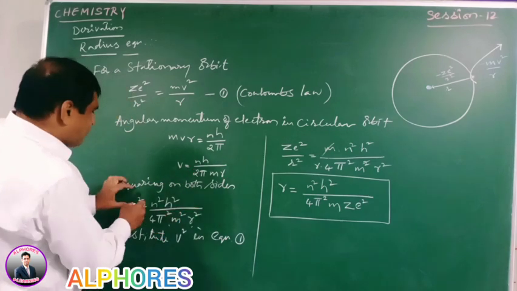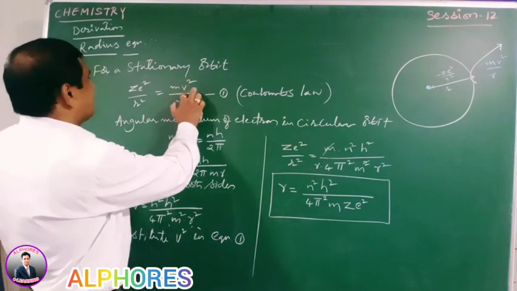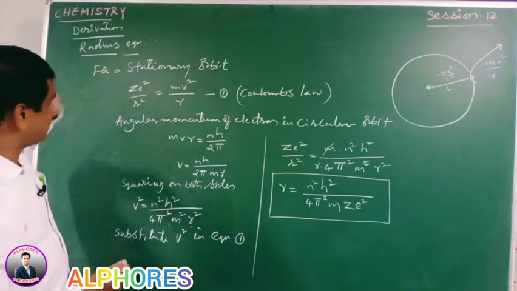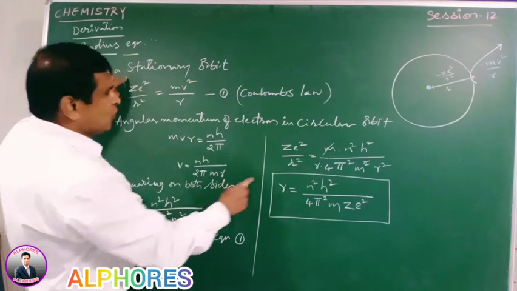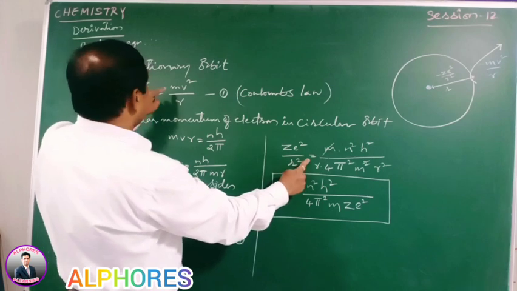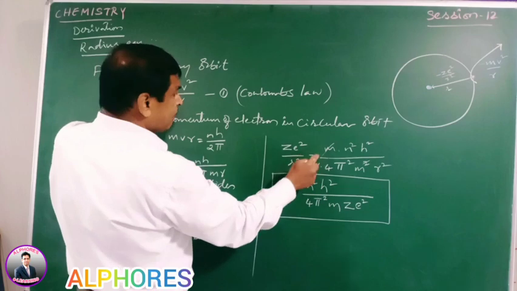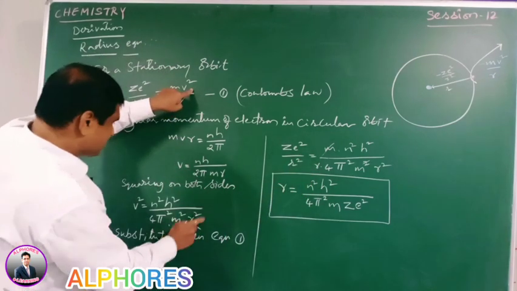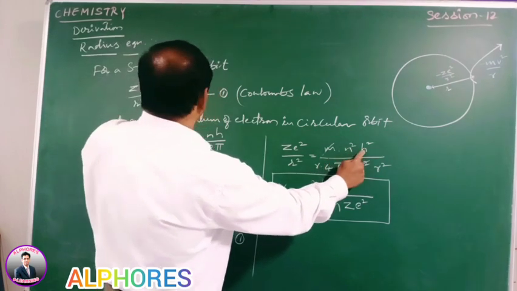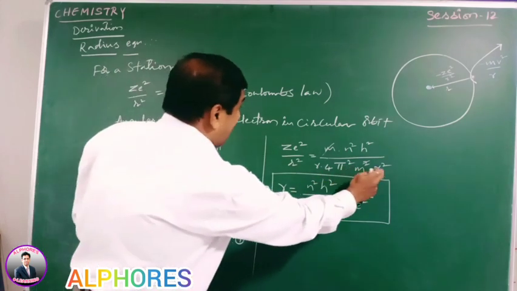Okay, done. Putting the v square value in equation 1, in this equation. So now z square by r square is equal to m by r, times the v square value, that is n square h square by 4 pi square m square r square.